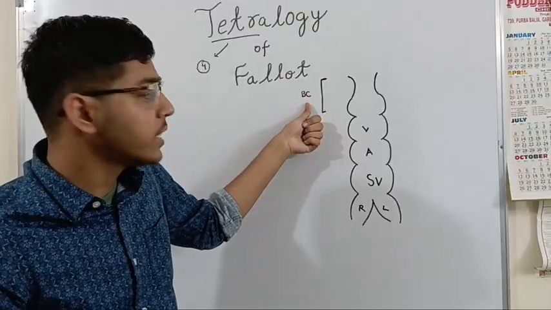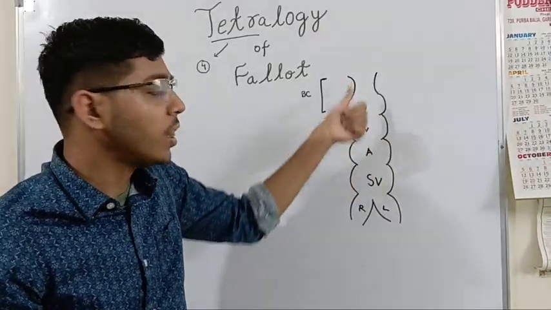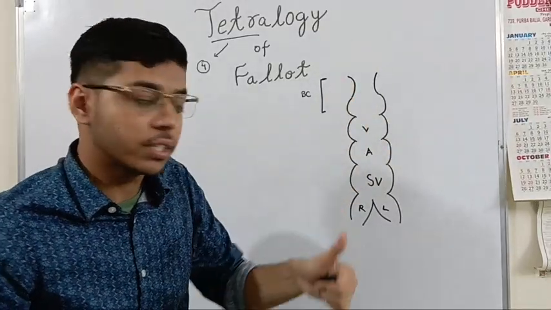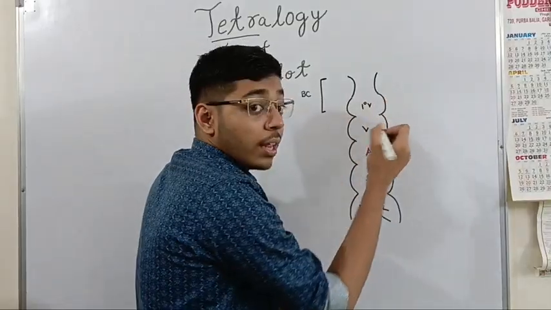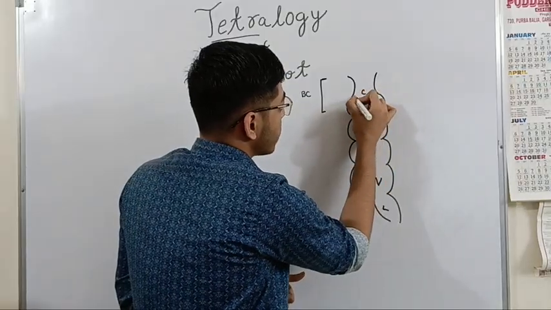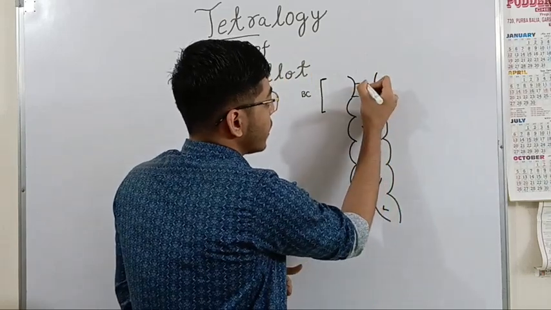This bulbus cordis is further subdivided into 3 equal parts, each 1/3 of the bulbus cordis. The proximal most part is the primitive ventricle, in the middle is the conus, and the distal most part is the truncus arteriosus.